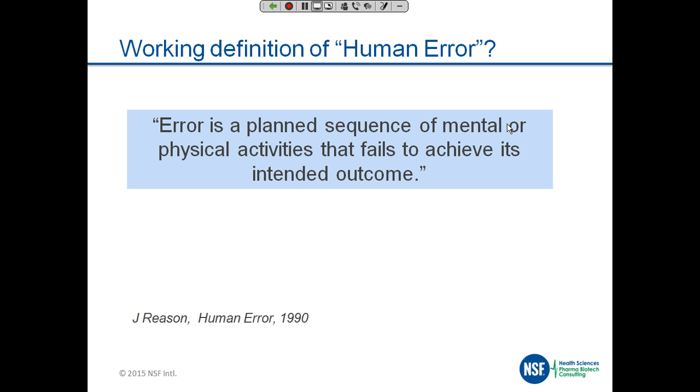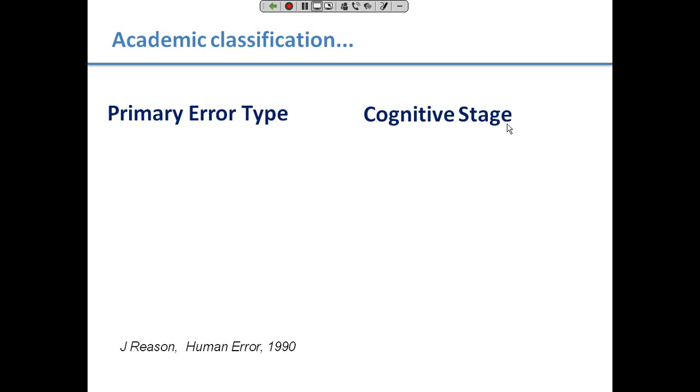From Reason, it's a planned sequence of mental or physical activities that fails to achieve its intended outcome. So the academic classification from Reason is that there are different error types.